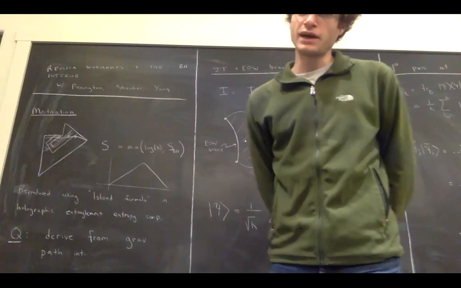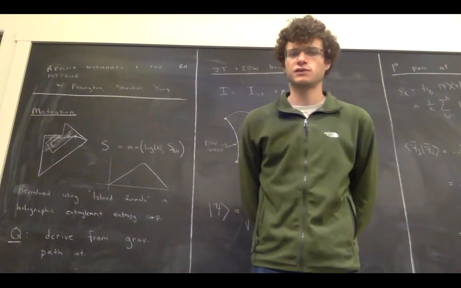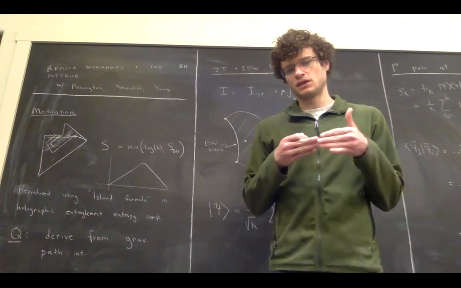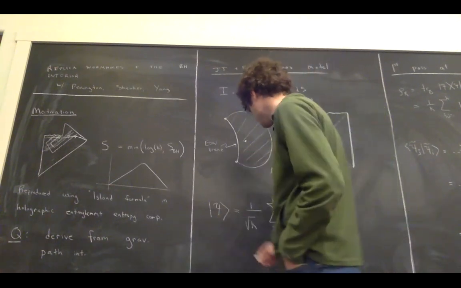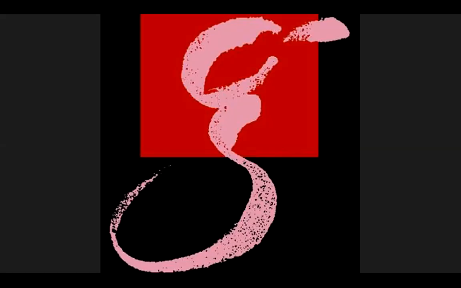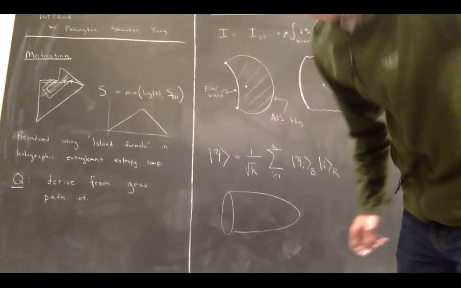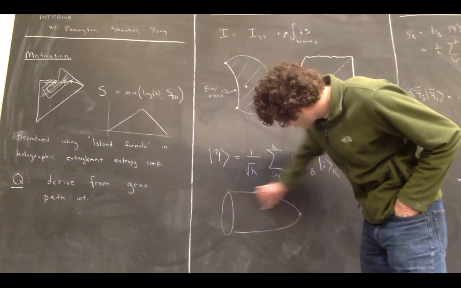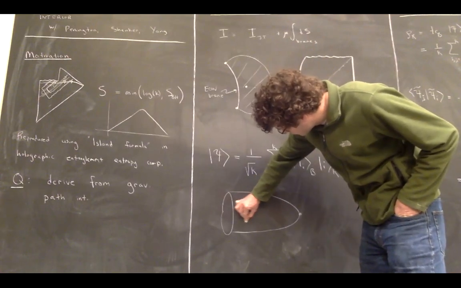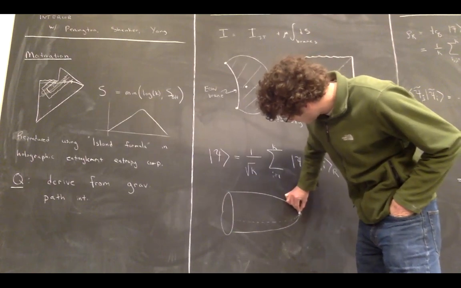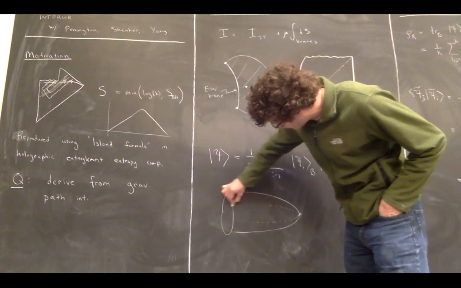Well, not quite. The Euclidean geometry for the Schwarzschild black hole is this cigar, right? Let's show the cigar here. The horizon would be at this point, and the part of space outside the horizon is over here. On the other side of the cigar is the part behind the horizon.